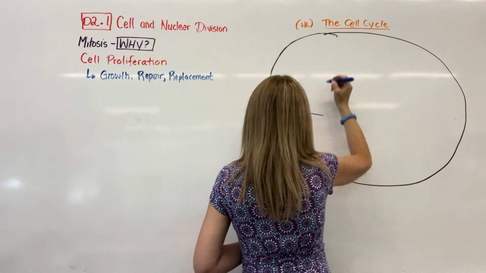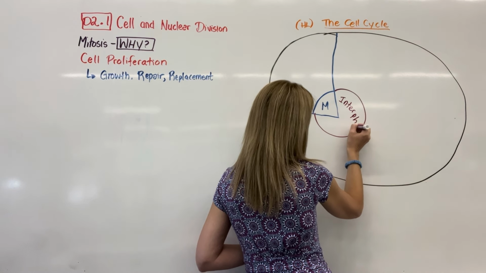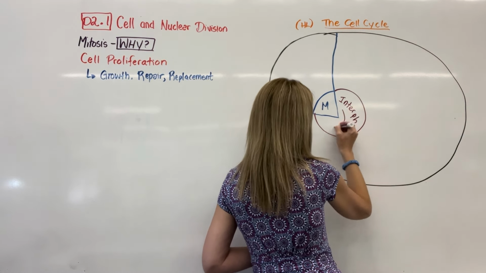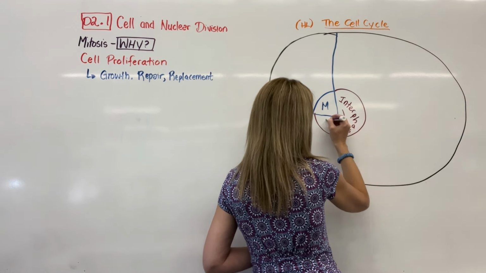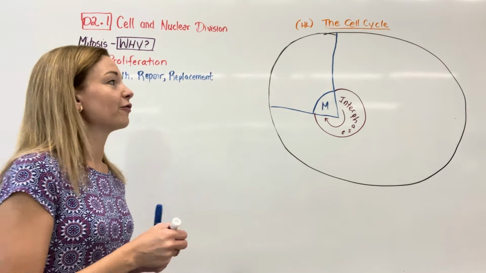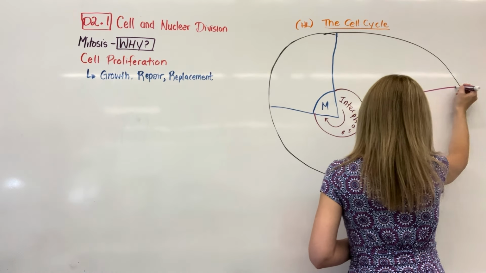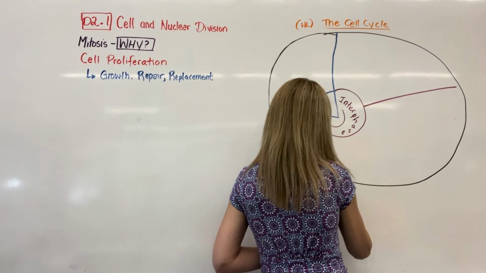And then the whole rest of the cycle is interphase. So all of the rest of this is the phases in between cell division. Interphase leads up to the actual division, and it consists of three parts: G1, S, and then G2.